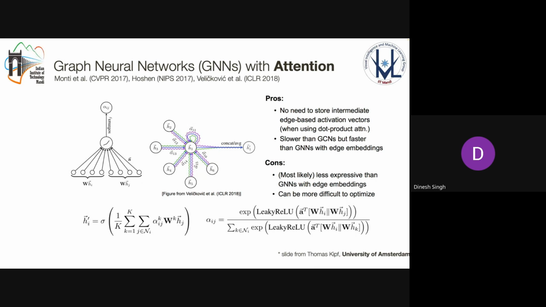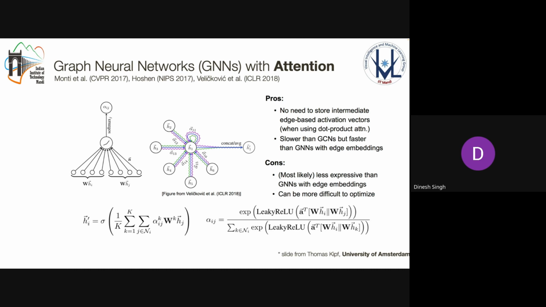But now, coming to another type of graph neural network, sometimes not only do we need to learn the node embeddings, but we also need to rank the links. So far, we were considering all the edges with equal importance.